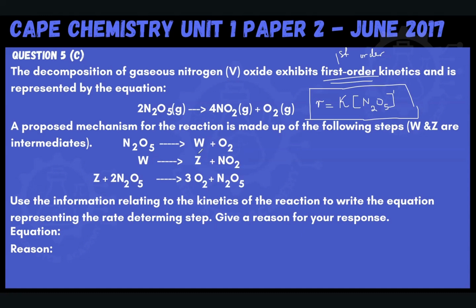We then have this intermediate Z combining with 2 moles of nitrogen 4 oxide to give us 3 moles of oxygen gas and 1 mole of nitrogen 5 oxide. So those are the proposed steps in a mechanism for that decomposition shown here.